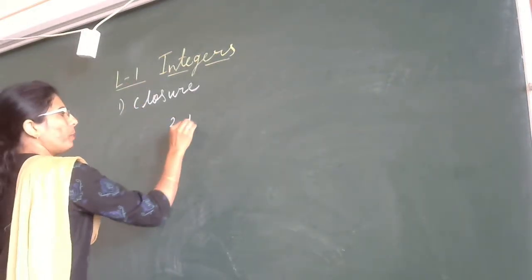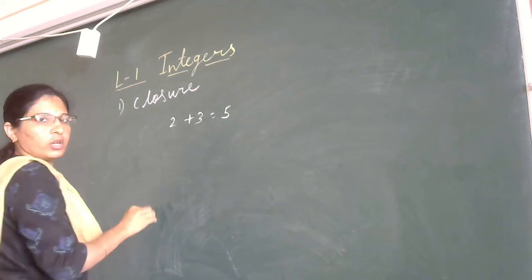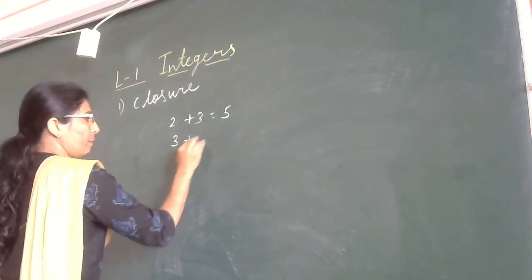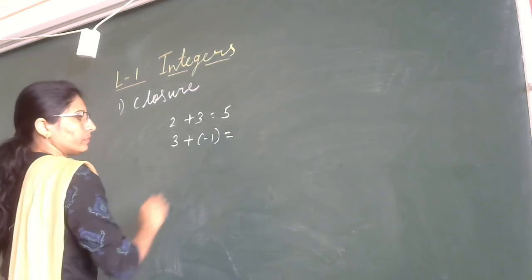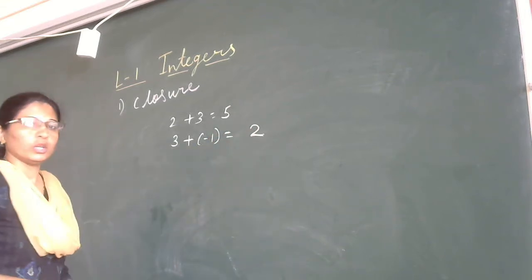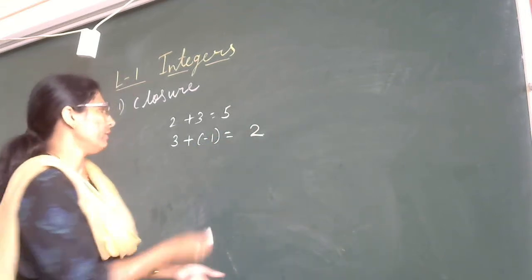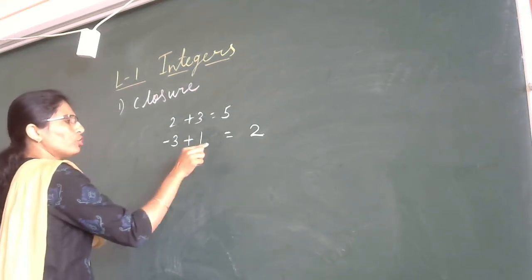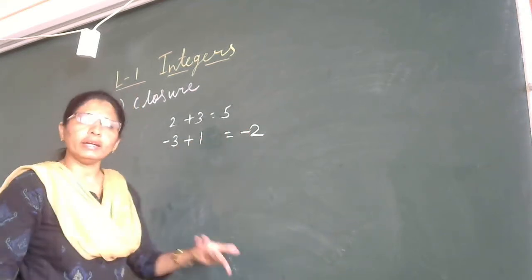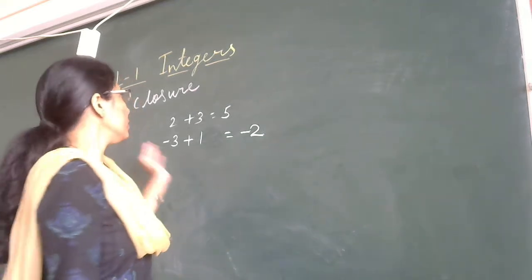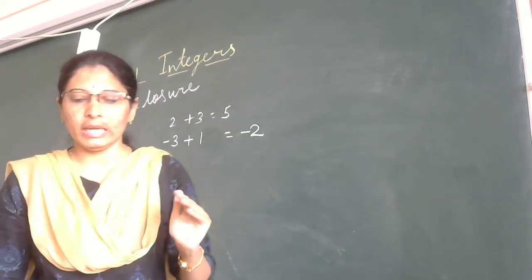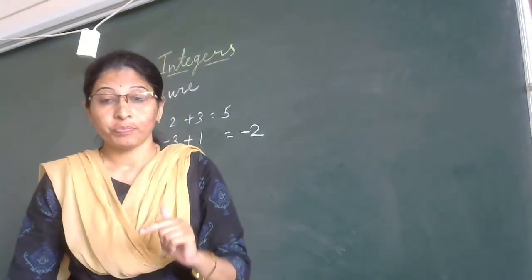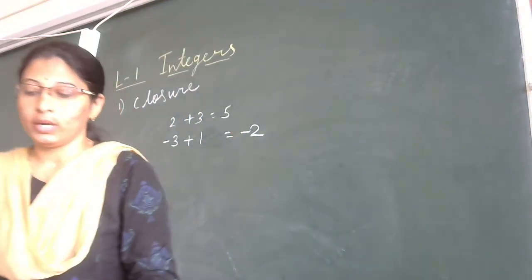That means 2 plus 3 is 5, or 3 plus minus 1 is 2. So both are integers only. If we have minus 3 and plus 1, then also we get an integer only. So the closure property of addition is that the sum of any two integers is an integer only.